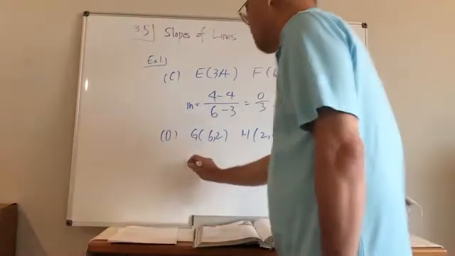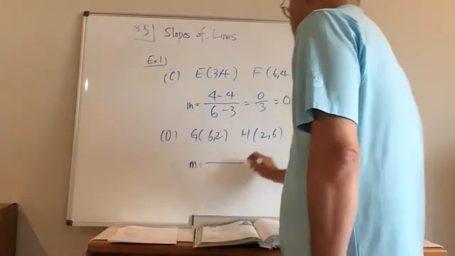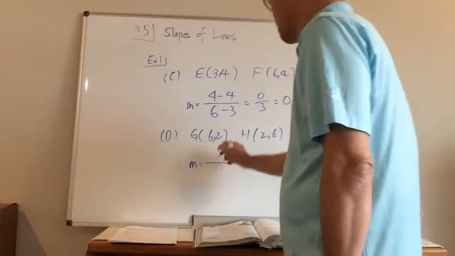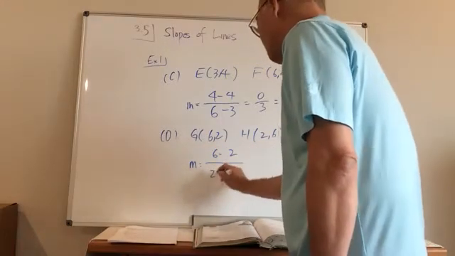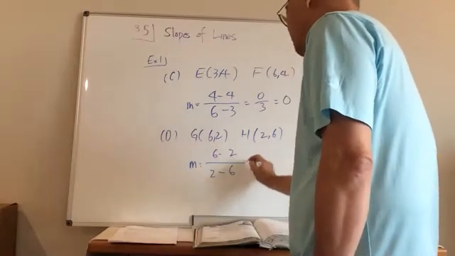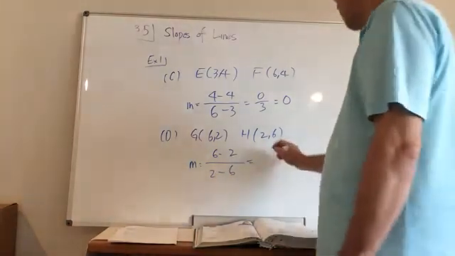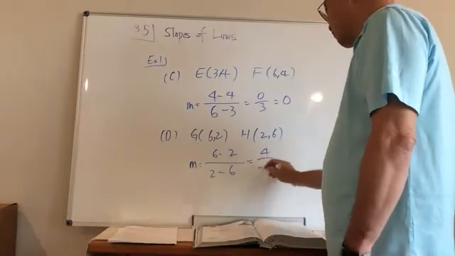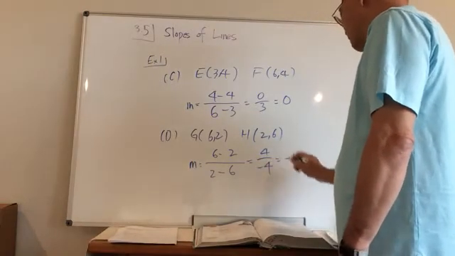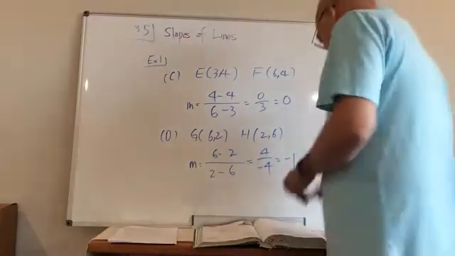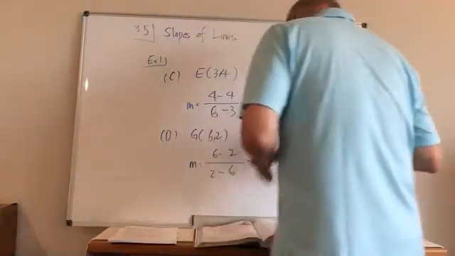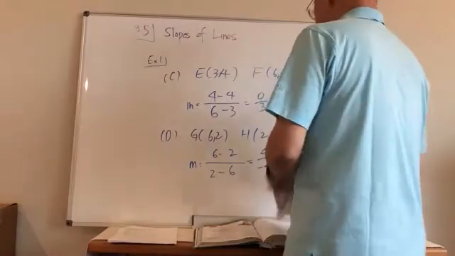So the slope, y2 minus y1 over x2 minus x1. So you get 4 on top, negative 4 on the bottom. Slope is negative 1. Okay, so that's basically it on that. So mathematically, now we should have all this stuff back.